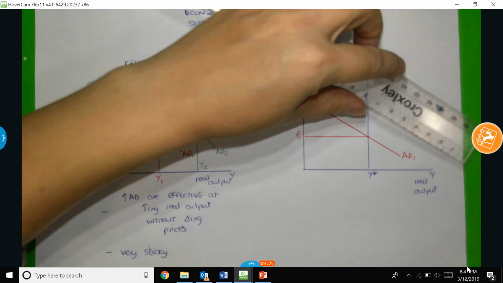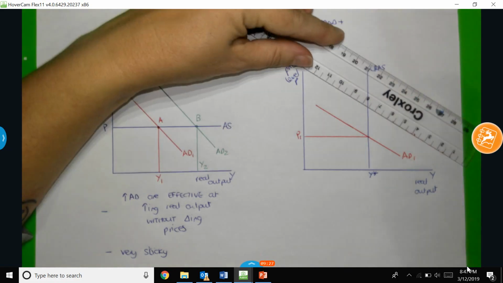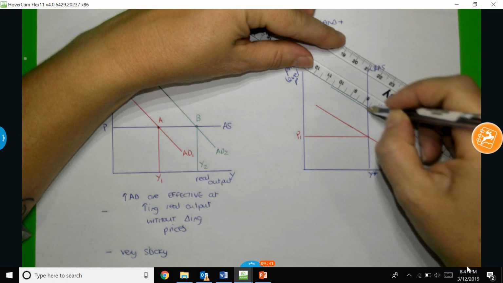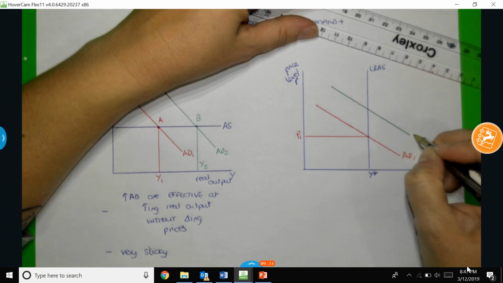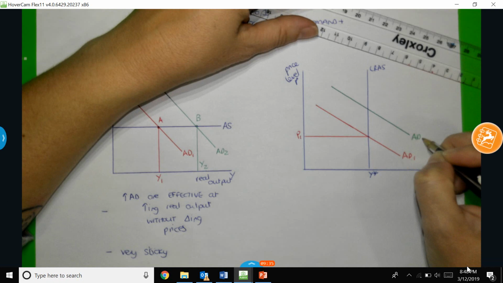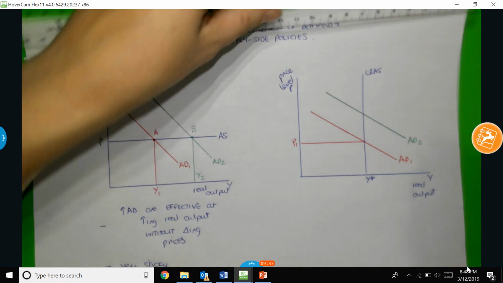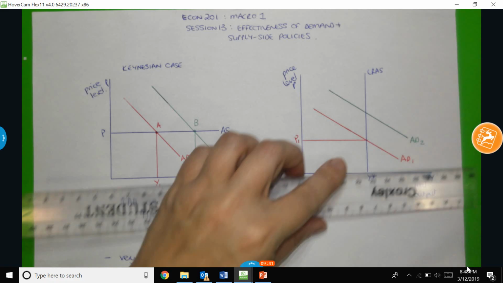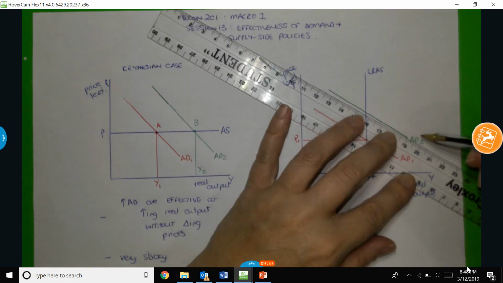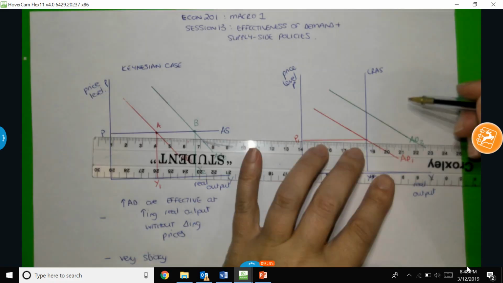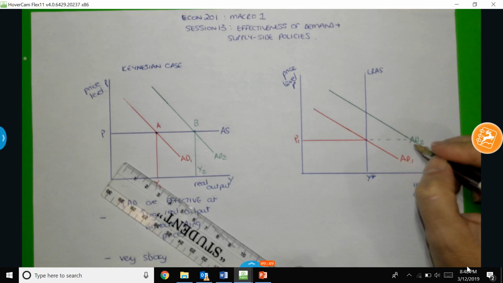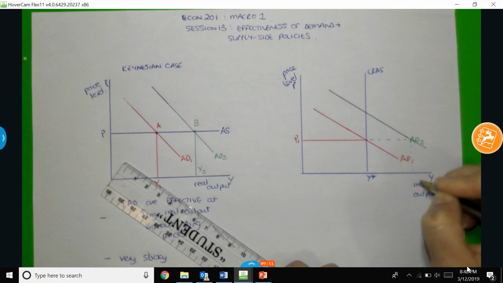If there is an increase in the demand for goods and services, again this could be because of expansionary monetary or fiscal policies, or because of boosts in consumer or investor confidence. When there is an expansion in the demand for goods and services, let me just extend this out, then at the existing price level, there will be this excess demand for goods and services created.